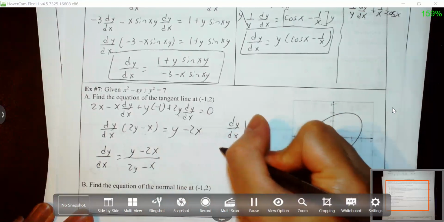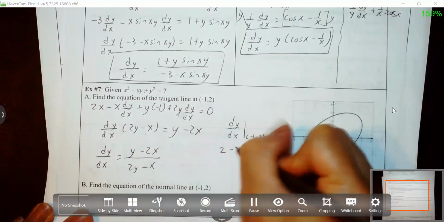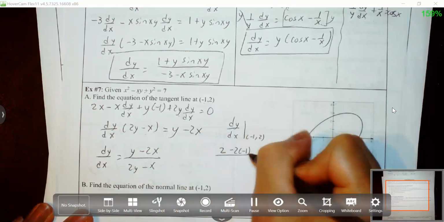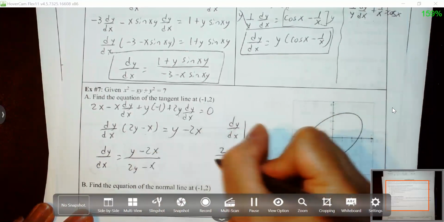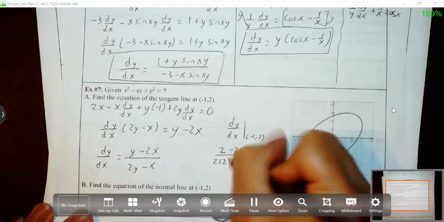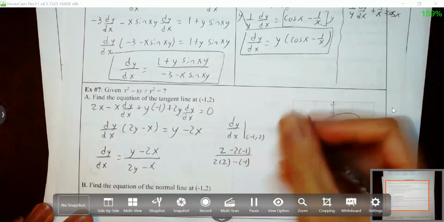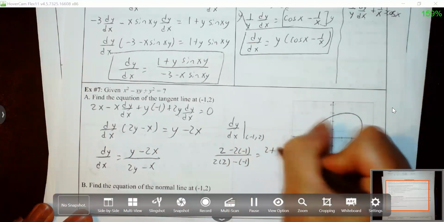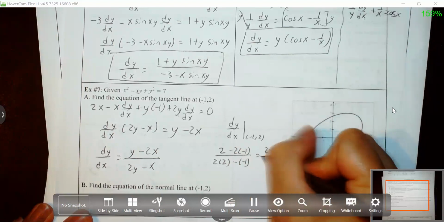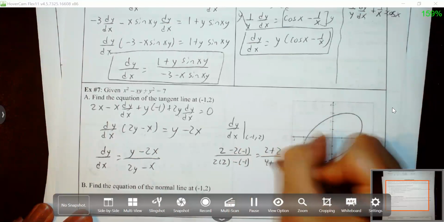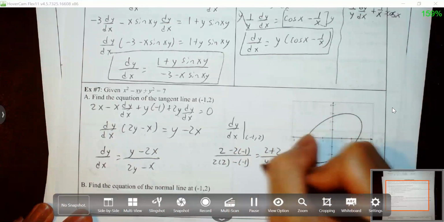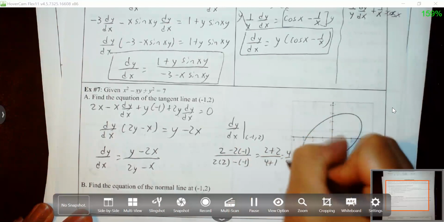So this is 2 minus 2 times -1 all over 2 times 2 minus -1. And so this is 2 plus 2 over 4 plus 1. And I get that this is 4/5.